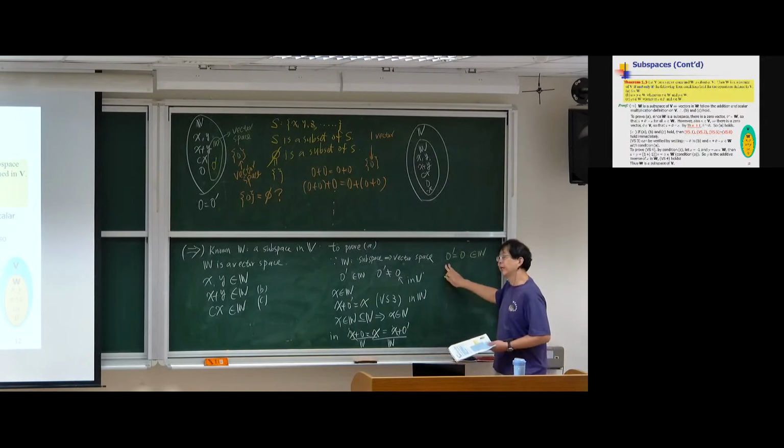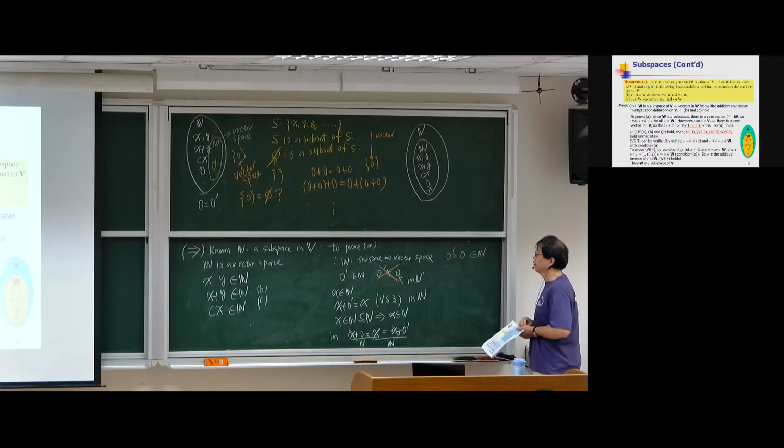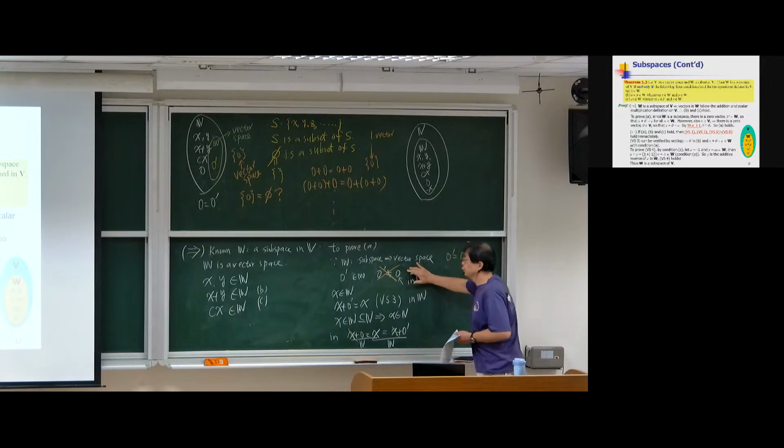Okay, so which means that this statement is not correct. We say 0 prime is not the same as 0 is not correct, because after the proof procedure, finally we find 0 prime equals 0. So this assumption is not true.